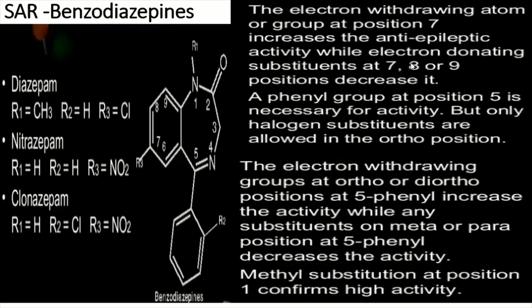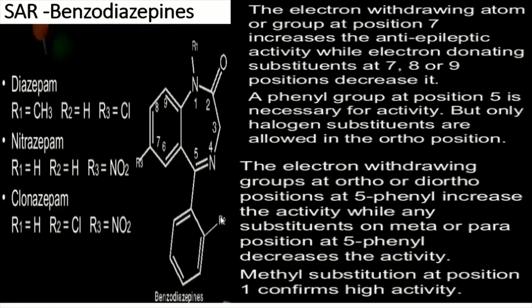While electron donating substituents at the 7, 8 and 9 positions decrease the potency. A phenyl group at the 5th position is essential for the anticonvulsant property.